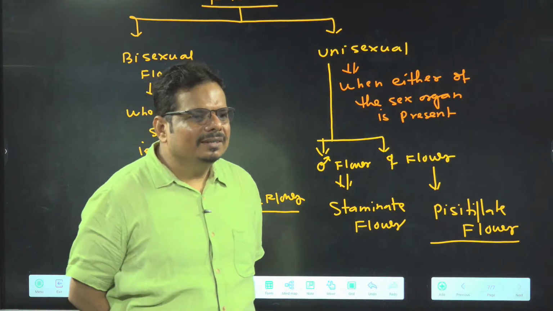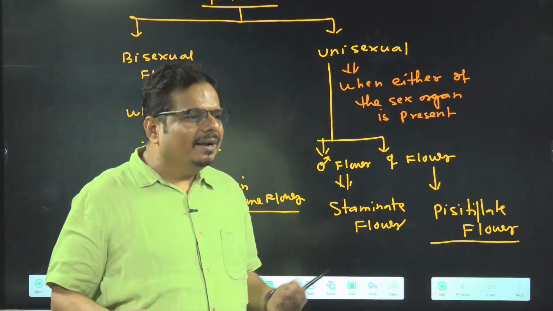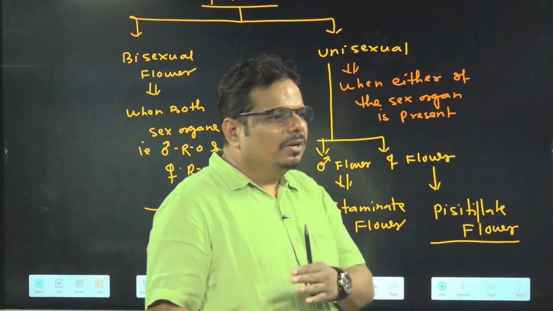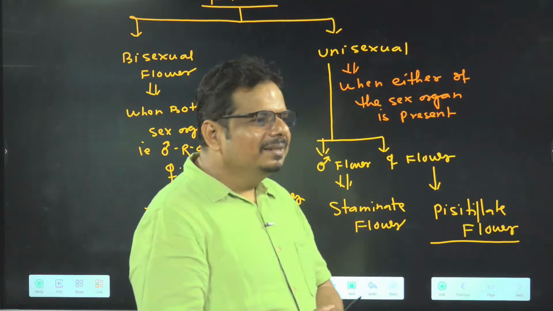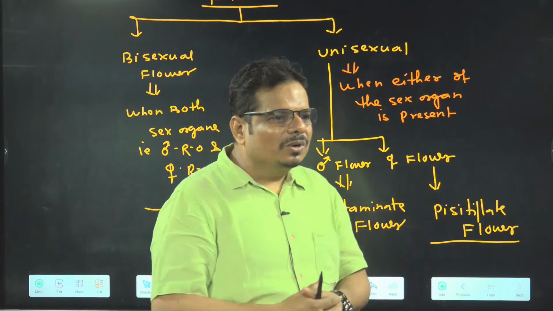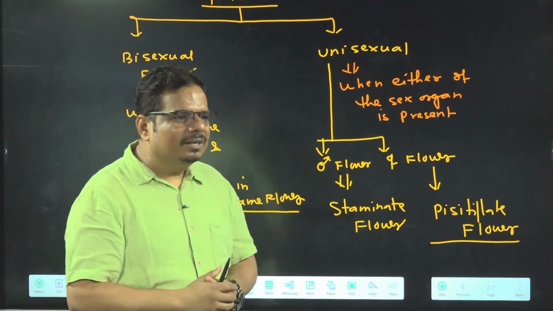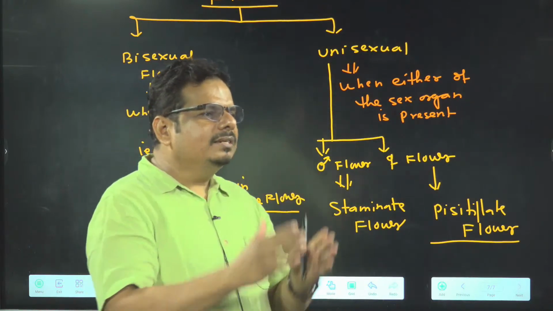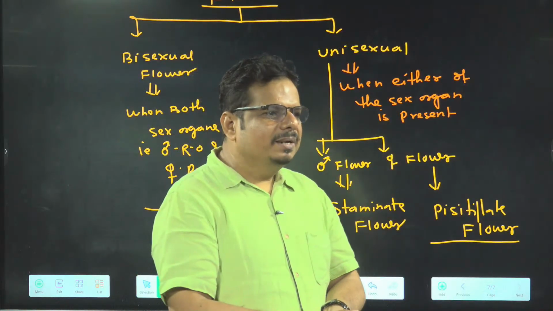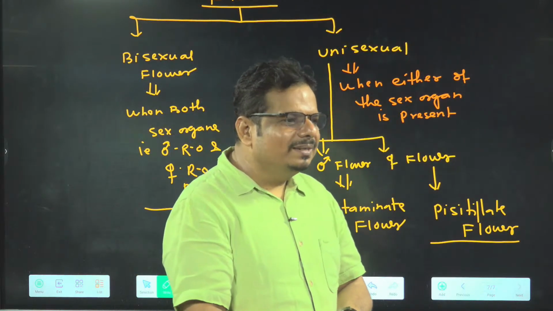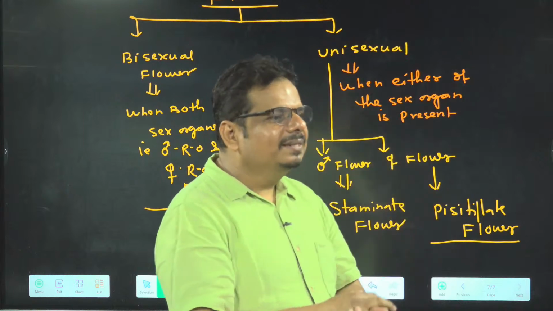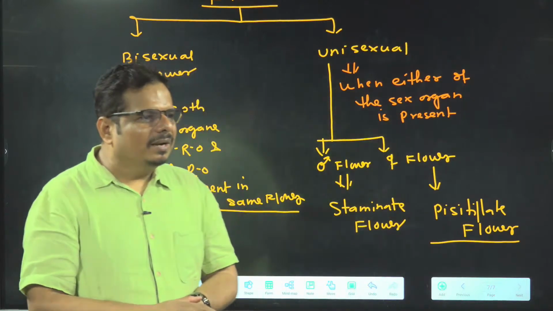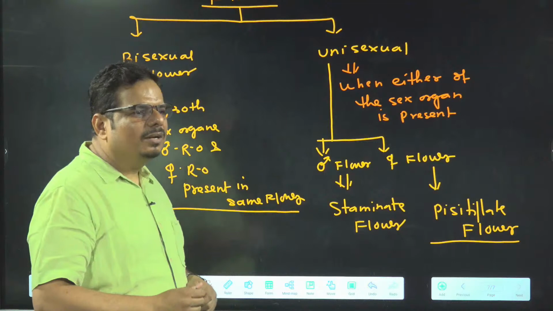Getting the things or not? We can't say. It is quite possible sex organs are there and calyx or corolla is not there. It is possible. So we can't say with confidence, na? But we can say with confidence unisexual flower is an incomplete flower. But we can't say with this confidence that bisexual flowers are always perfect or complete flowers.